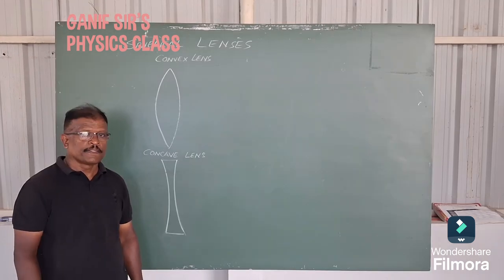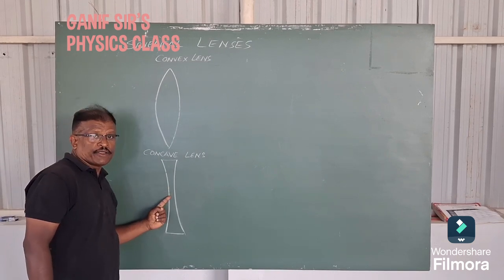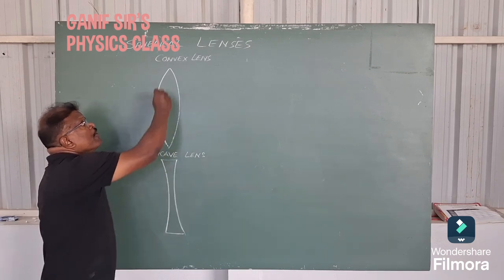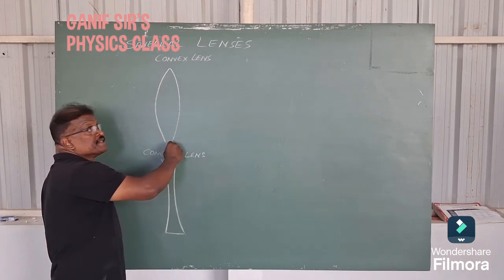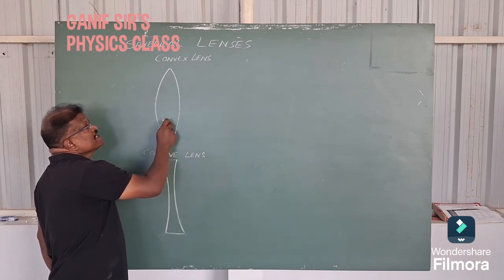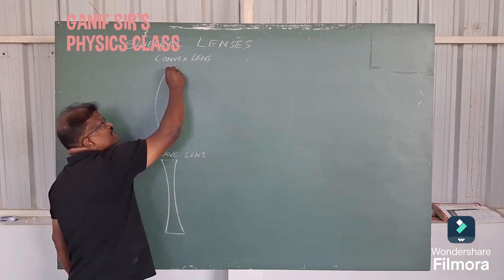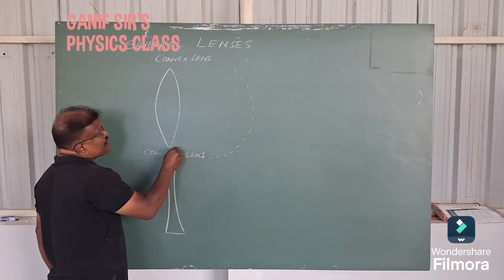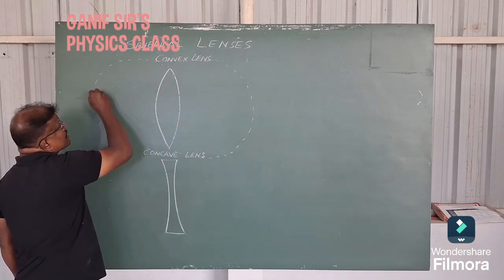Now, the convex lens as well as the concave lens are both spherical lenses, meaning they are bounded by spherical surfaces. Since this convex lens is bounded by two spherical surfaces, one surface becomes a part of a sphere and the other surface also becomes a part of a sphere.